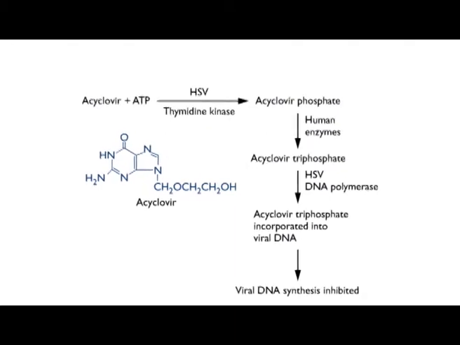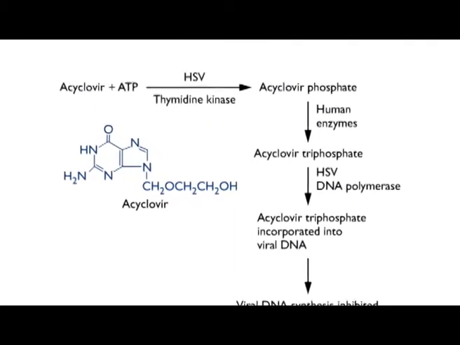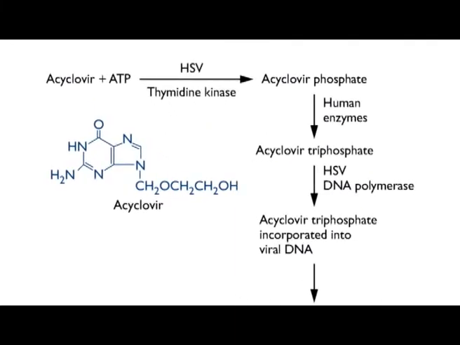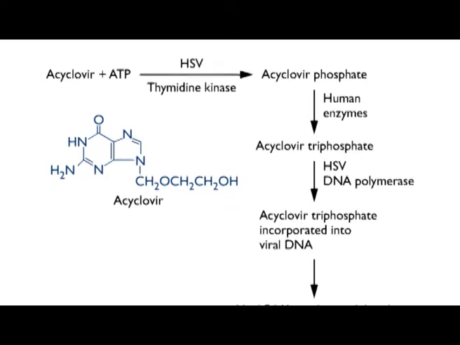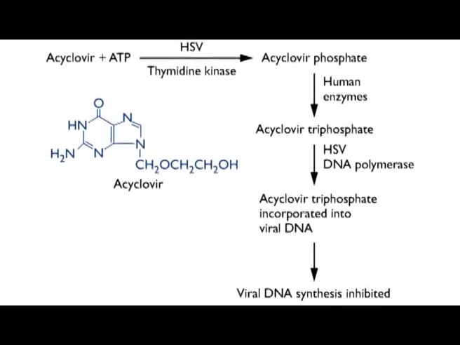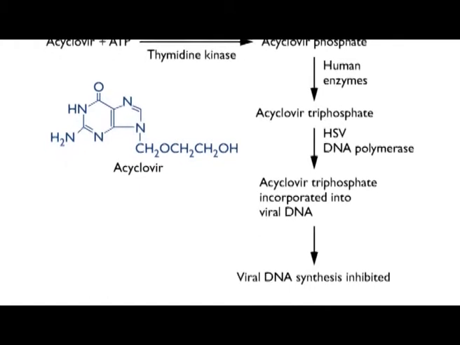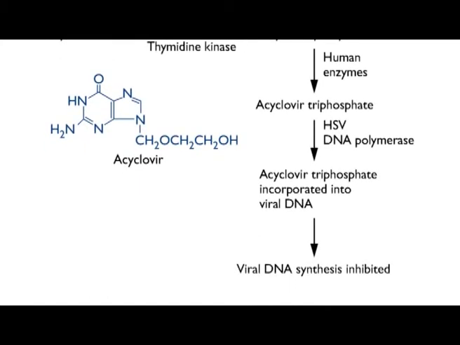Acyclovir is readily converted into monophosphate within the cell by thymidine kinase. This reaction occurs much faster in infected cells than in normal cells because acyclovir is a poor substrate for the normal cell thymidine kinase.